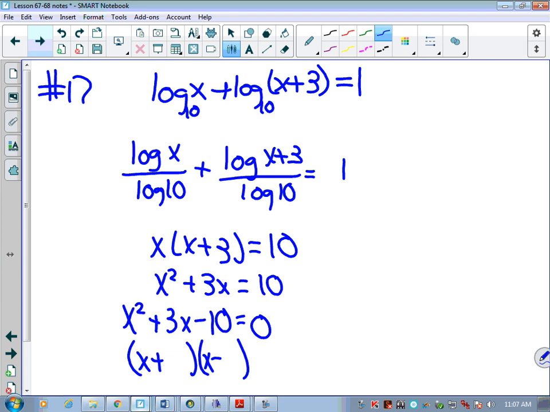Positive 5, negative 2. Okay. Positive 5, negative 2 is going to get me that positive 3. All right, so my possible answers are negative 5 or 2. Has to be 2. It had to be 2.